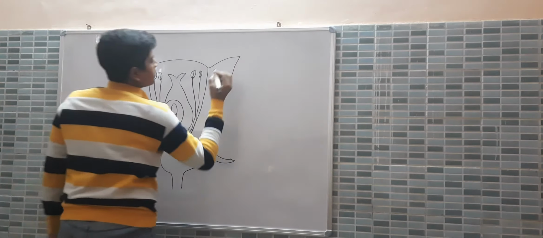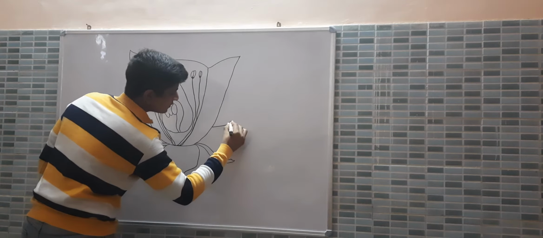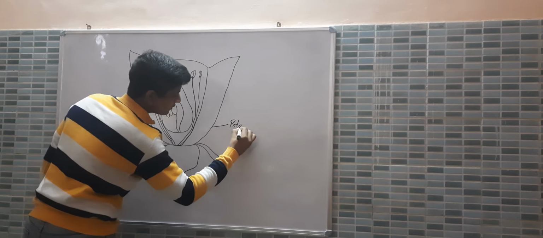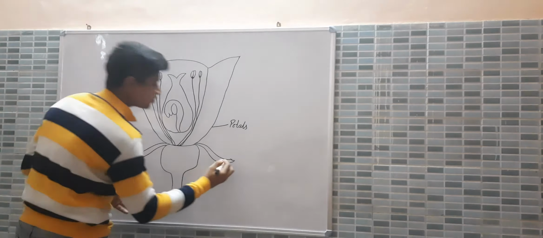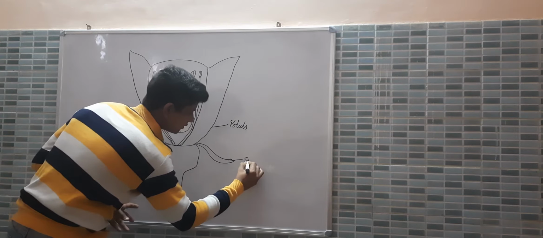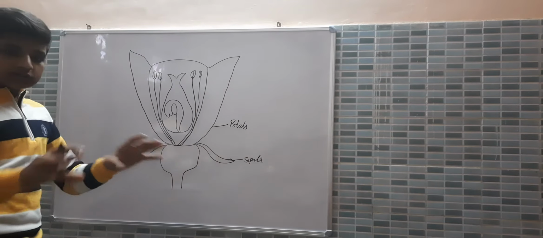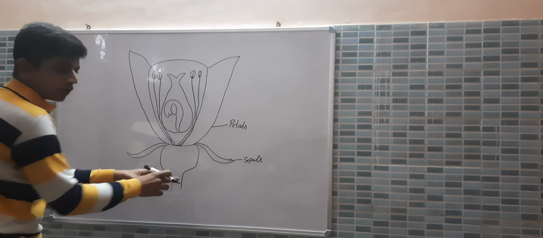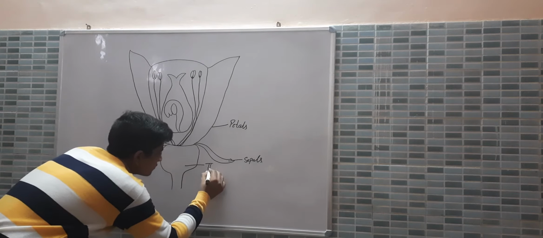So these are called petals, and these leaf-like structures are called sepals. Then the swollen bottom part of a flower is named the thalamus.